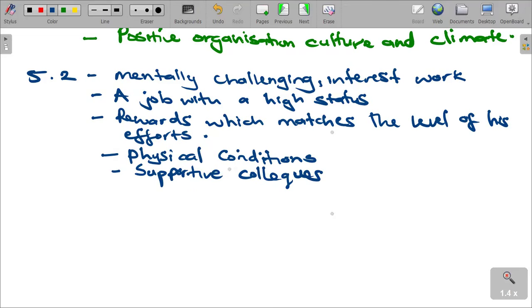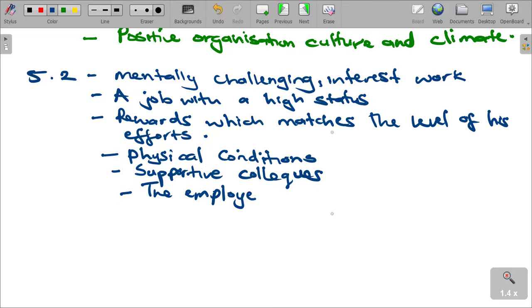Right? Or they might be motivated by his expectations, when his expectations match with job content.